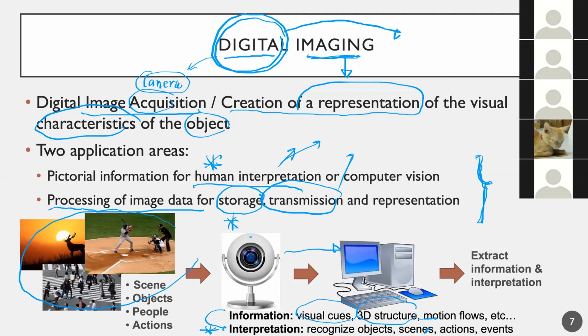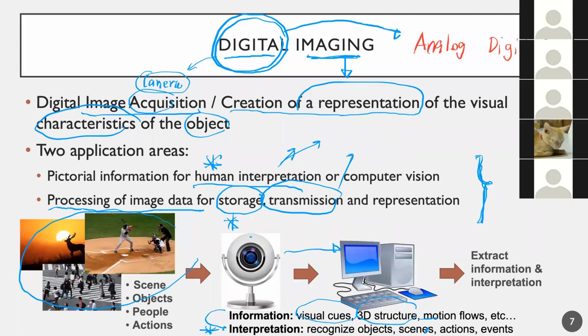I'm sure many of you are studying mathematics, or maybe some of you have already passed mathematics. So for digital, we have a pair of words: analog and digital, right? Yeah, your friend is saying 0 and 1.